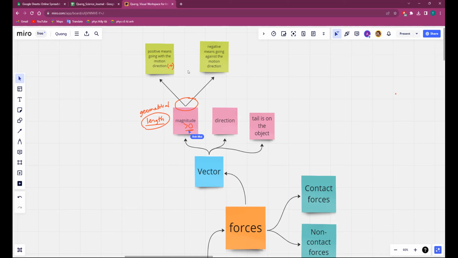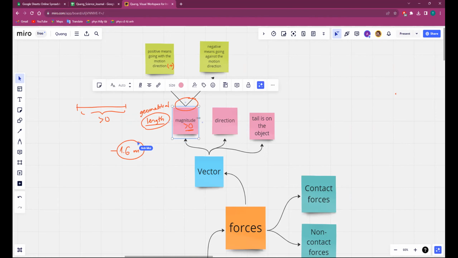For example, if you draw a line, the line will always have a positive value. We don't say a negative meter. We always have this as a positive value, like the height or any measurement of length. Positive.